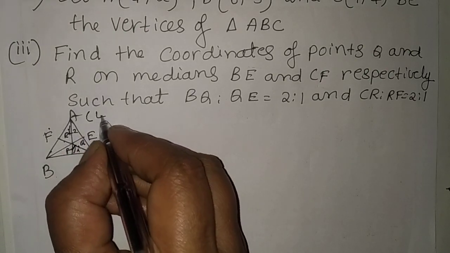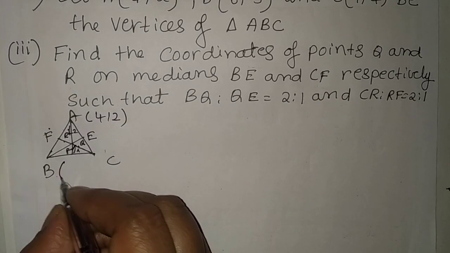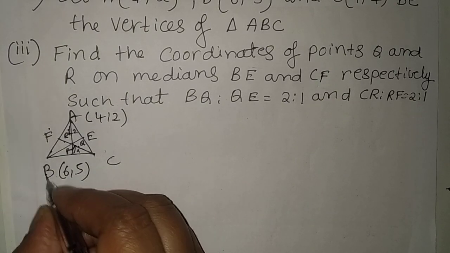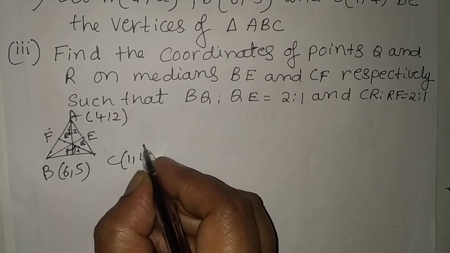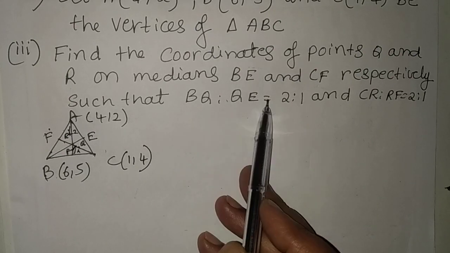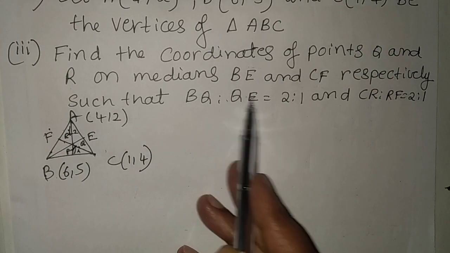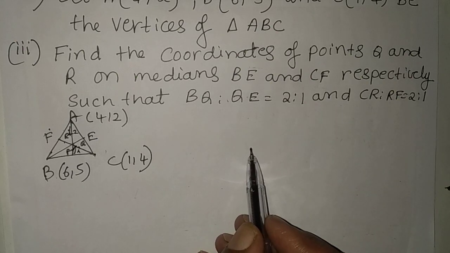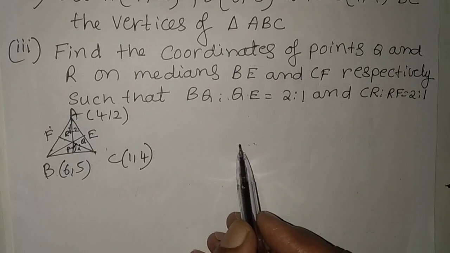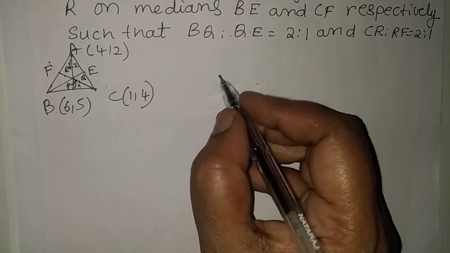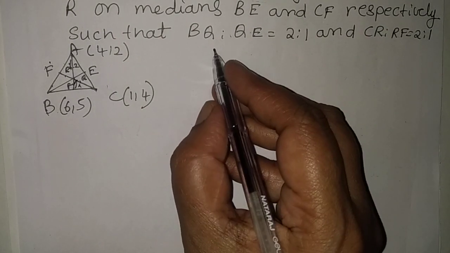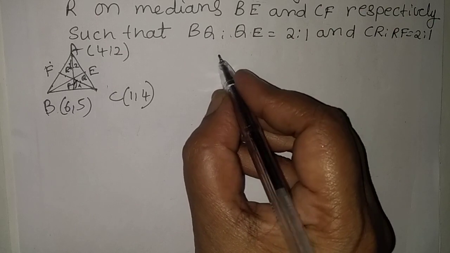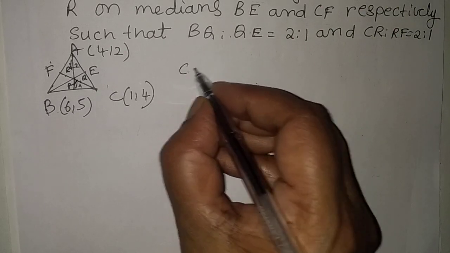So the vertices of the triangle are (4, 2), (6, 5) and (1, 4). BQ is to QE is 2 is to 1, CR and RF is 2 is to 1. So we'll directly start the problem. First, the given data is for first we have to find out coordinates of E.